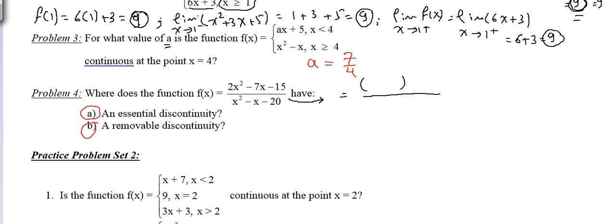Let's factorize the numerator first. 2x squared is 2x times x by guess and check. The signs are plus times minus, or maybe minus times plus. We have to guess. And this is 3 times 5. Let's see if this is correct. Minus 5 times 2 is minus 10, plus 3 times 1 is plus 3, so minus 10x plus 3x gives me minus 7x, which is correct.